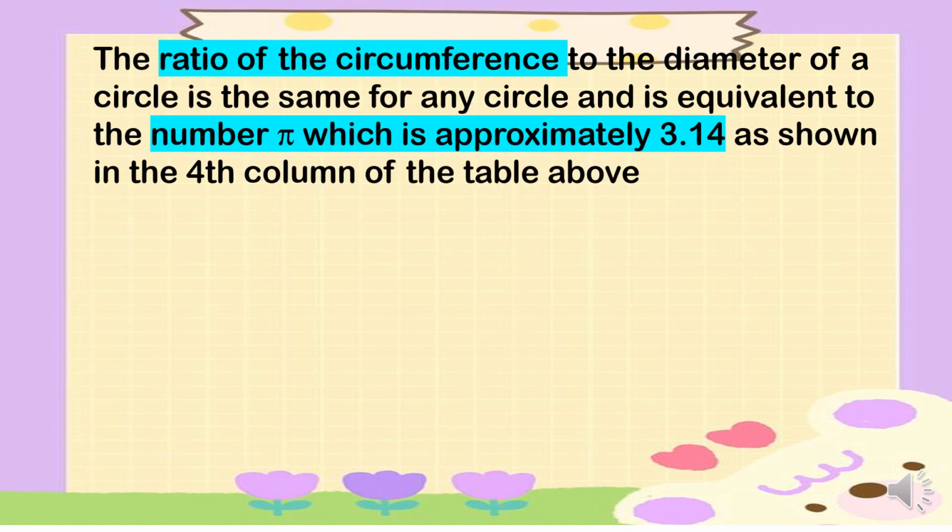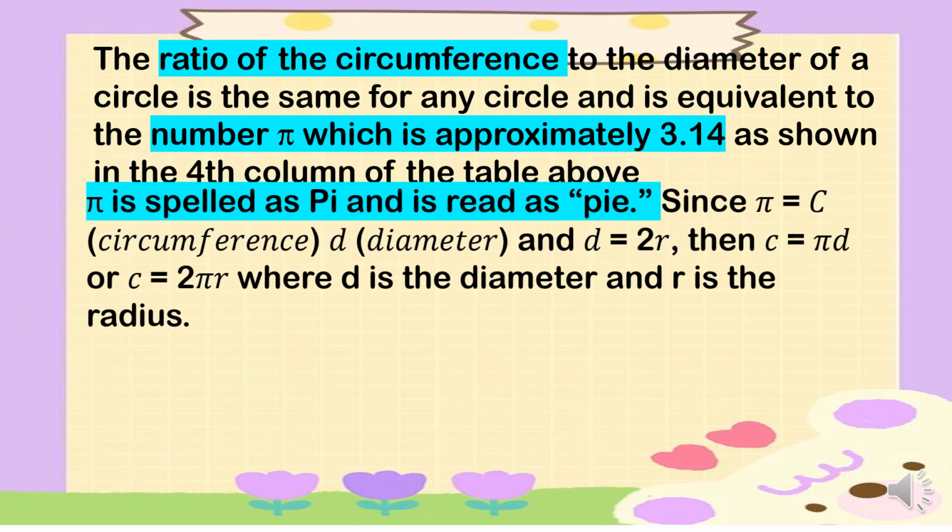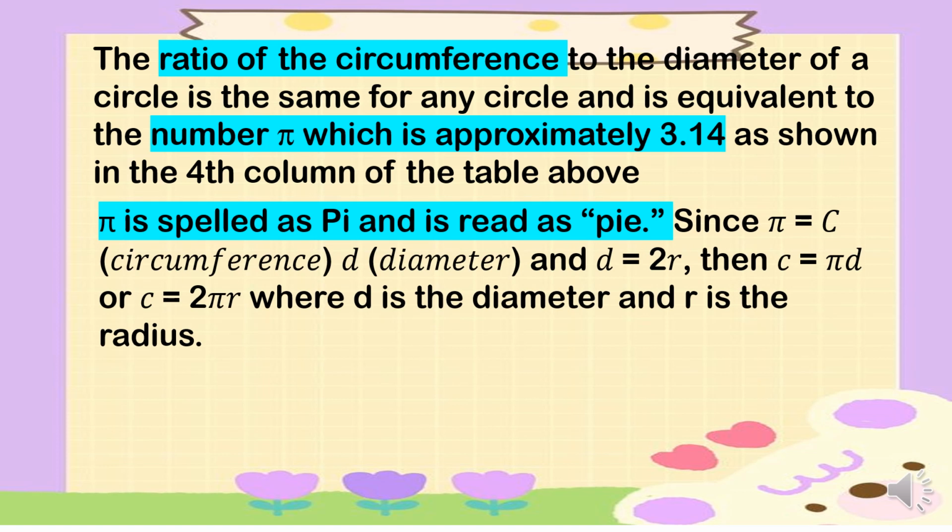The ratio of the circumference to the diameter of a circle is the same for any circle and is equivalent to the number pi, which is approximately 3.14 as shown in the fourth column of the table. Pi is spelled P-I and is read as pie.